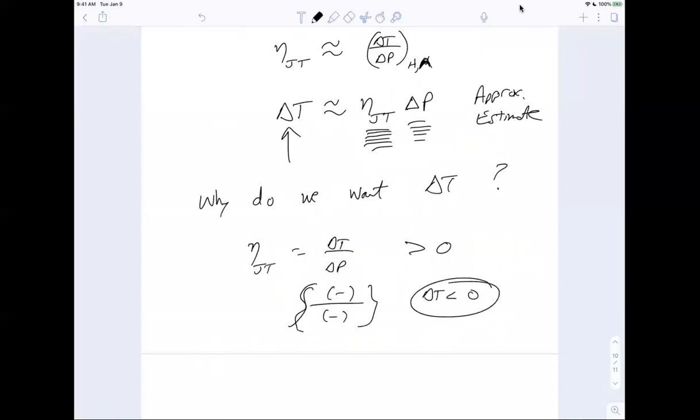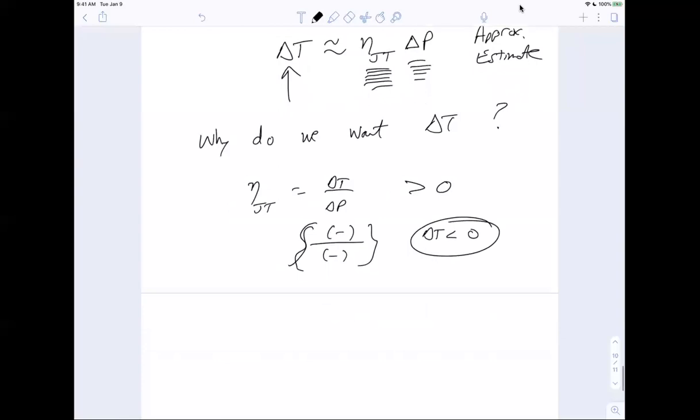In that case, we can design a device such that delta T is sufficiently negative, or the temperature reduces to a sufficiently low value that we liquefy the gas. So if delta T is less than 0, we can liquefy the gas.